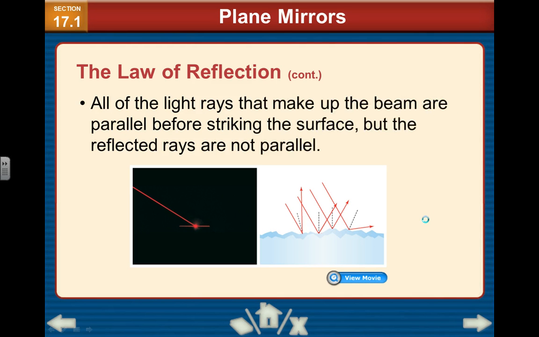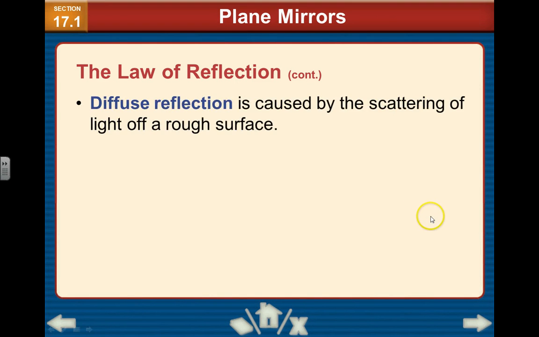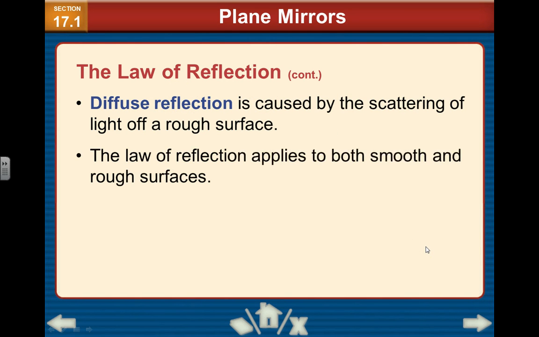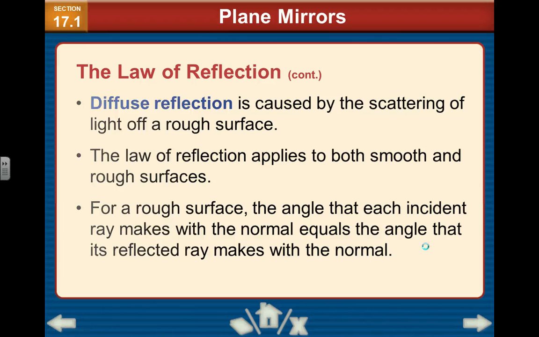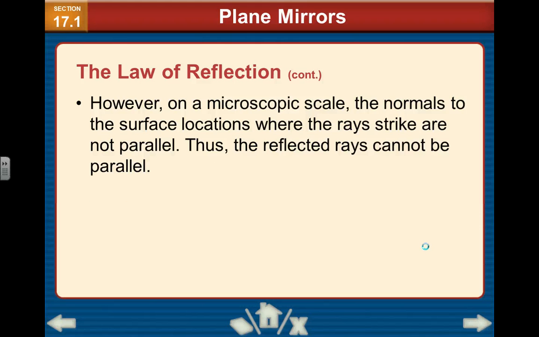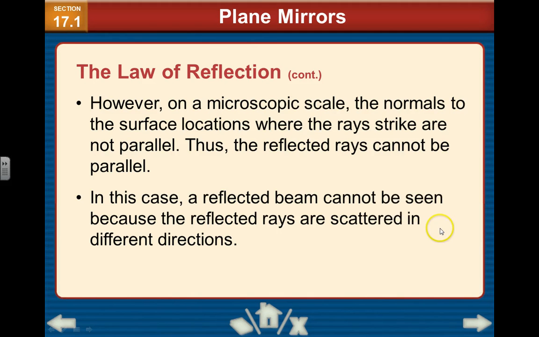So a rough surface: light waves make up beams parallel before they strike the surface, but they're not parallel when they come back, so they don't form a good image. We call that diffuse reflection. Now at the microscopic scale, the normals of the surface at the locations where the rays strike are not parallel. So again, we're not going to see a nice clean image.